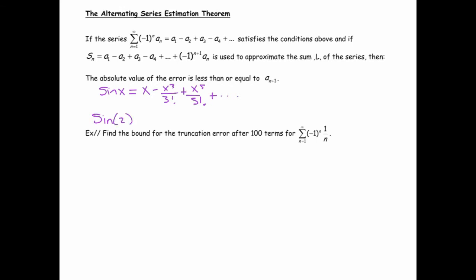If we were going to use the 5th degree Taylor polynomial, then that means that sine of 2 is about equal to, whoops, that's a negative.